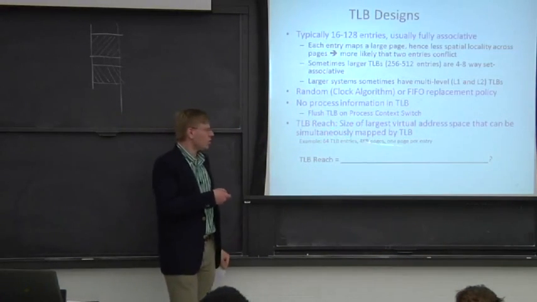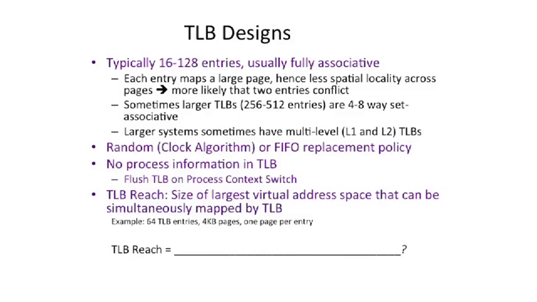One of the good questions that comes up is, if we're trying to access a big array, can we map enough memory with our TLB to access that big array without having to take a TLB miss? We'll call this the reach of the TLB, all the things you can map with the TLB.